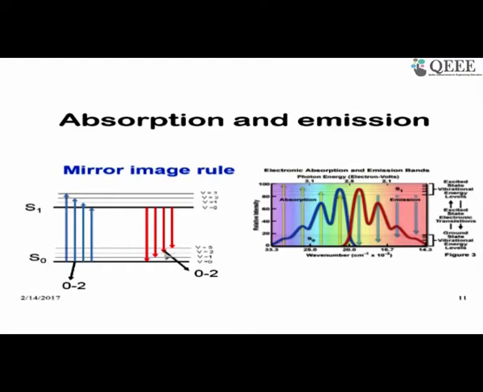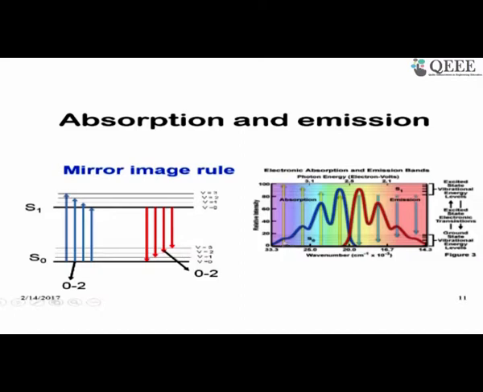You can ask me why. I have an answer, but it turns out that there is a 1:1 correspondence between 0 to 2 absorption and 0 to 2 emission. Similarly 0 to 1 absorption and 0 to 1 emission, or 0 to 3 and 0 to 3.